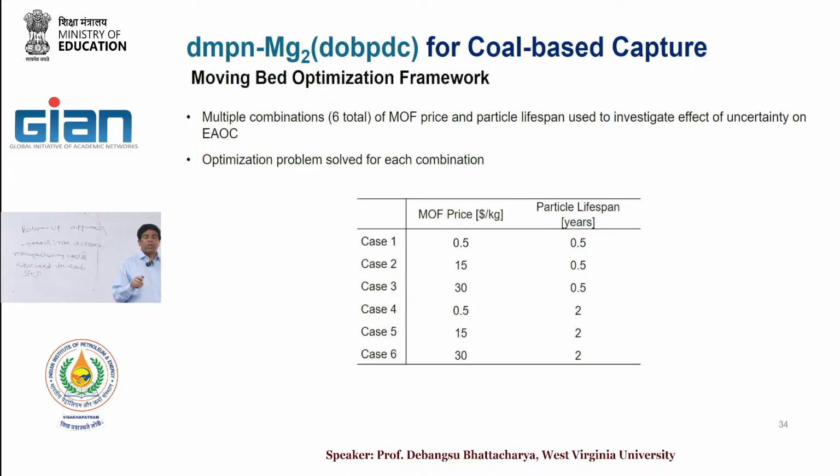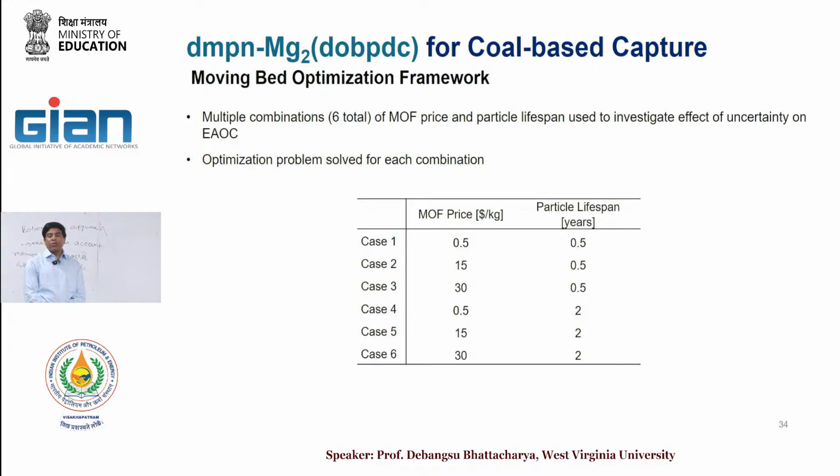So our best guess for these systems is perhaps about 15 and 2. That means a 2 year lifespan and $15, and the worst case is basically $30 and this. So case 3 has to be treated as a worst case scenario, and obviously we can consider case 4 as the best case scenario.